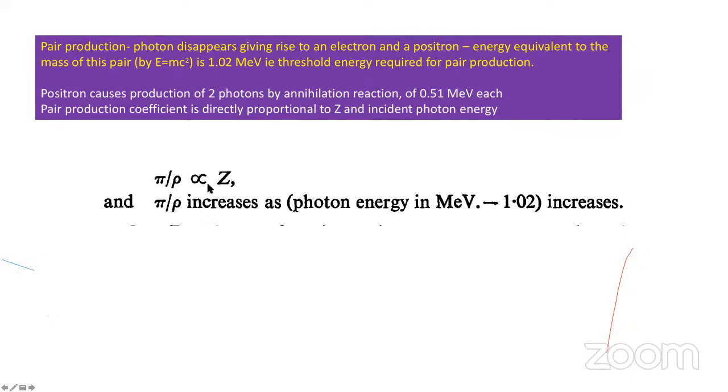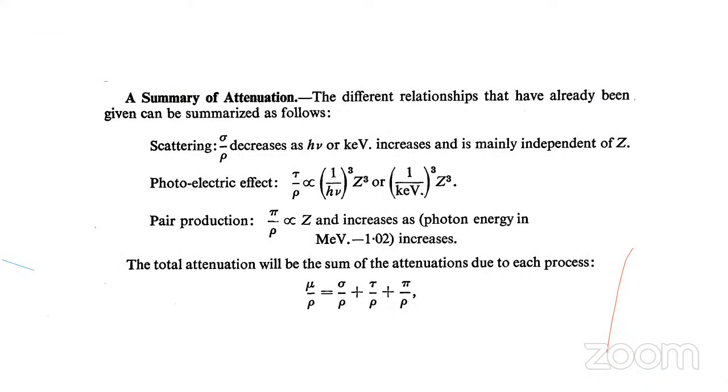Okay, so the pair production is directly proportional to the energy above a threshold energy, and increases as the photon energy increases minus 1.02, because that's the threshold energy. So if you put all these things together: scattering decreases as the energy or kV increases, and is mainly independent of Z. Okay, this is the Compton scattering.